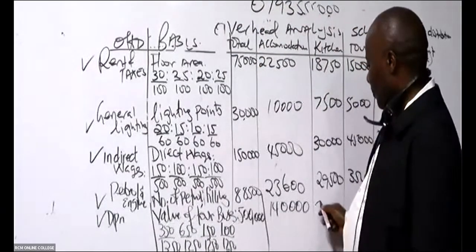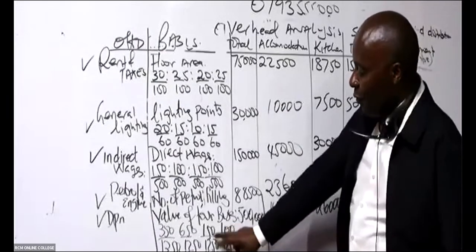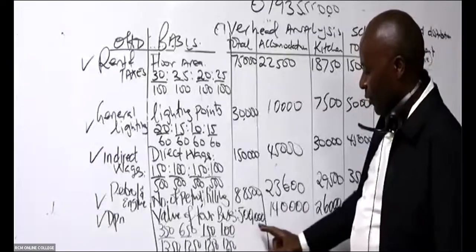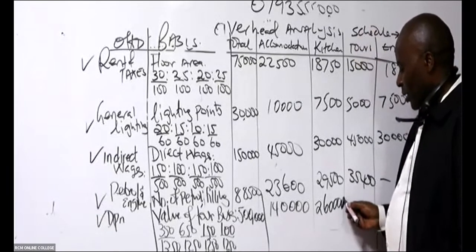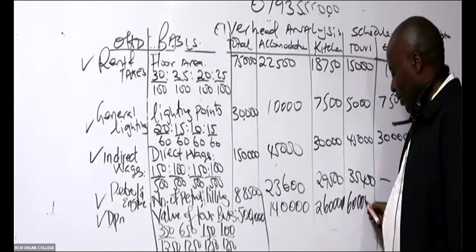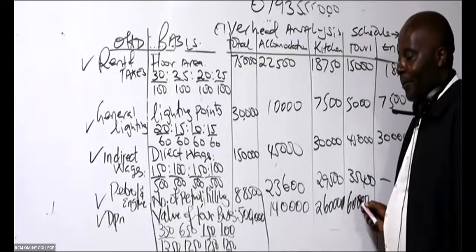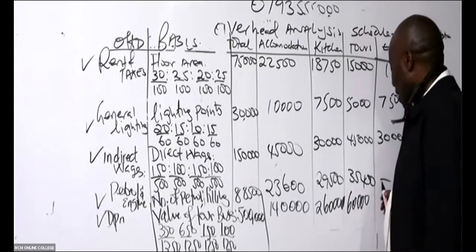And then you take the next one, 150 over 1250 times this figure, 650,000. The last one, 40,000.